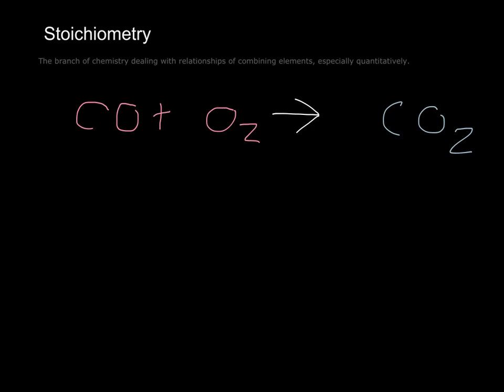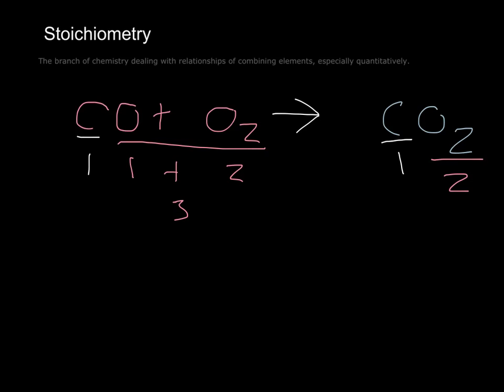What we have over here is one carbon on our reactant side, and we also have one carbon on our product side. So those are balanced. And then our oxygens, we have one right here plus two oxygens over here, so this would be three. And over here on our product side, we have two oxygens.